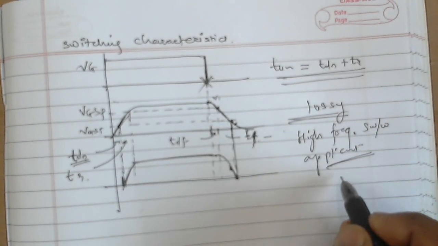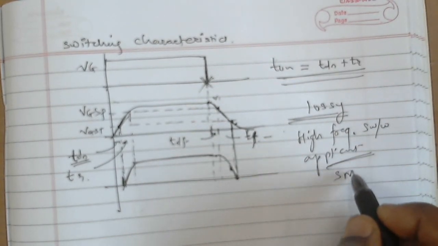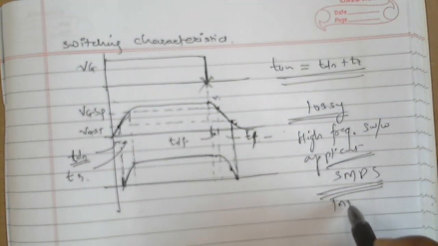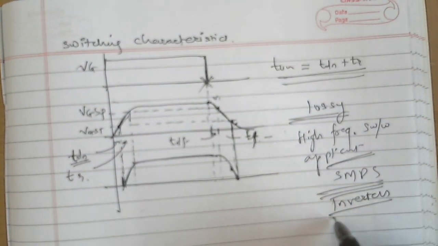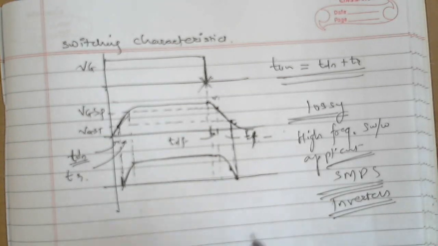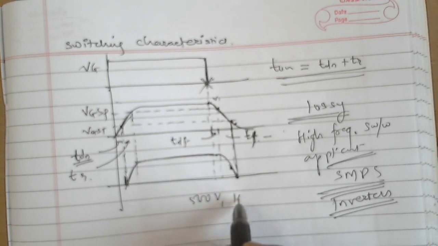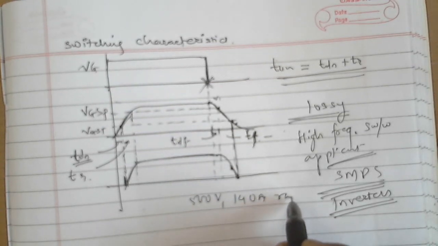The main applications of this MOSFET are SMPS and inverters. The generally available range of MOSFETs is from 500 volts to 140 ampere ratings.